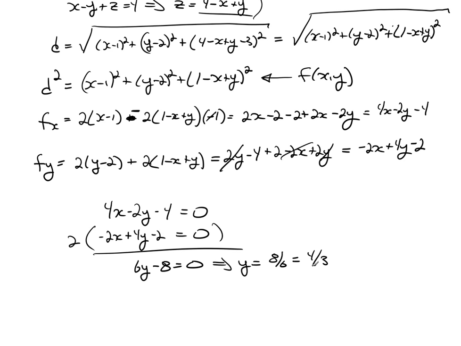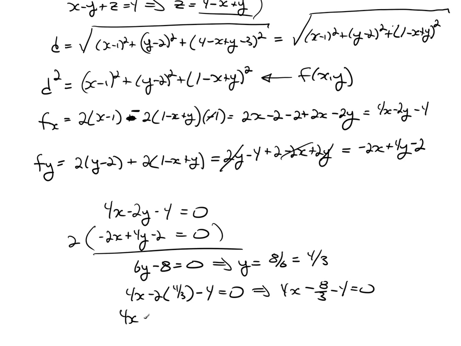If y equals 4/3, I can now back-solve, and I'll have 4x minus 2 times 4/3 minus 4 equals 0. That gives me 4x minus 8/3 minus 4 equals 0.